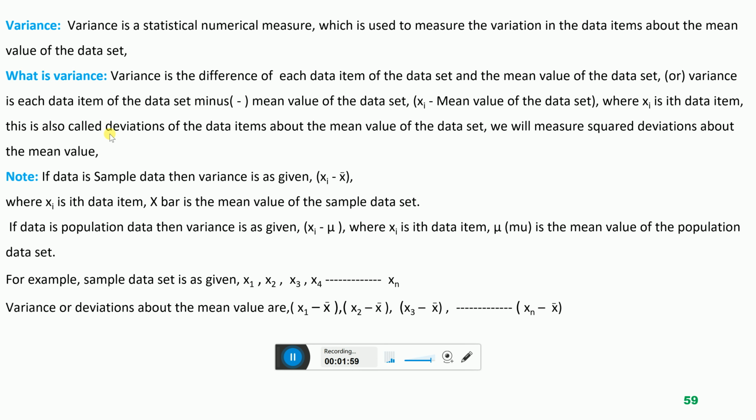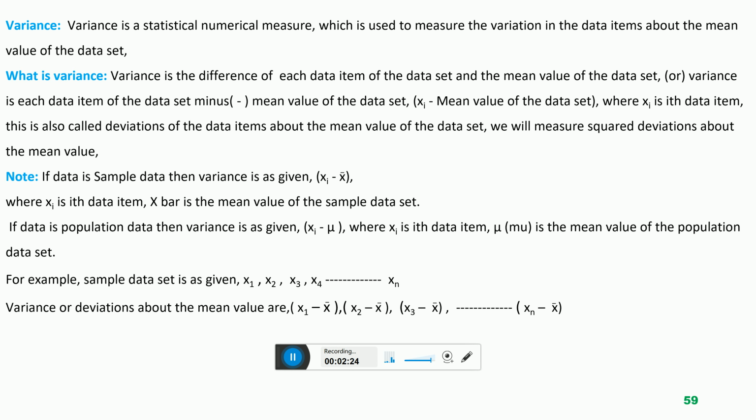This is also called deviations of the data items about the mean value of the data set. Variance is simply the difference between each data item of the data set and the mean value.